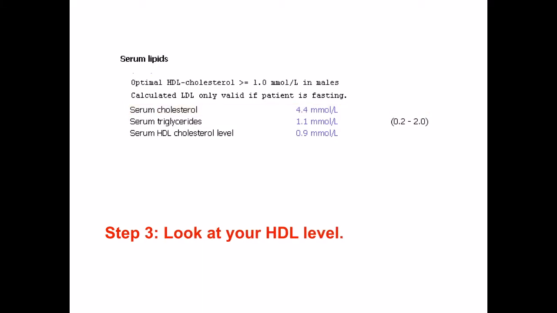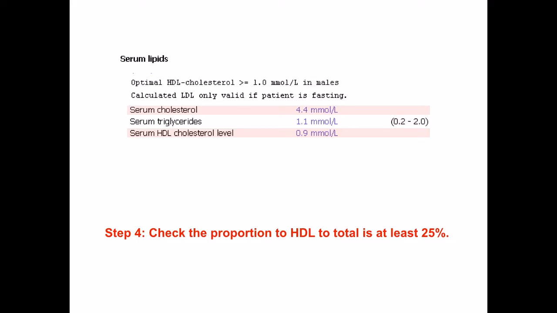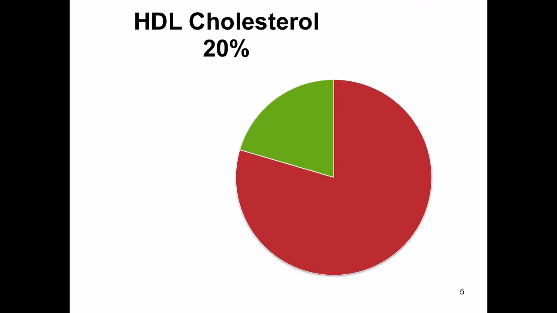I'd now like you to look at your HDL level on this particular example. Here, the HDL level is 0.9, and if we compare the proportion of this HDL level to the total cholesterol, what we actually find is that the HDL in this case only makes up about 20%.